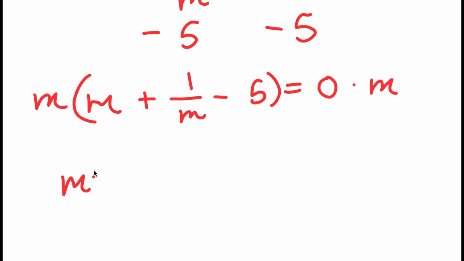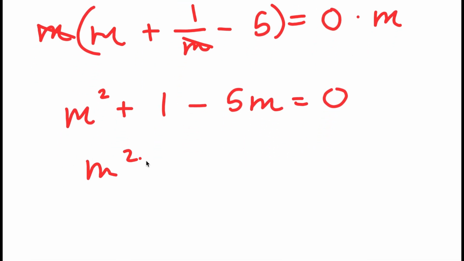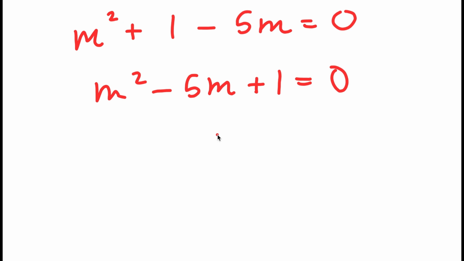So I have m squared plus, these two cancel out, so just plus 1 minus 5m is equal to 0. And if I rearrange this, I get m squared minus 5m plus 1 is equal to 0. Now, what we have here is a quadratic equation.